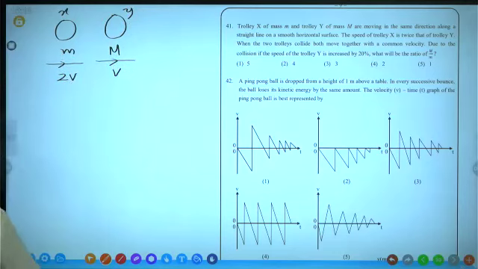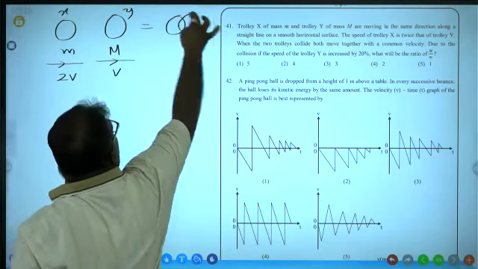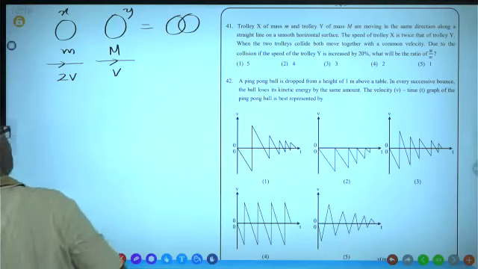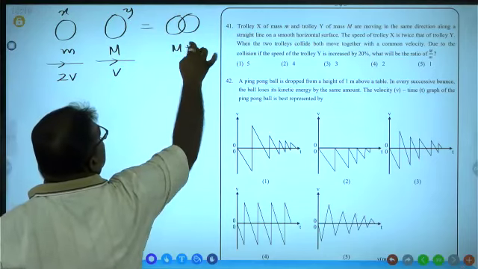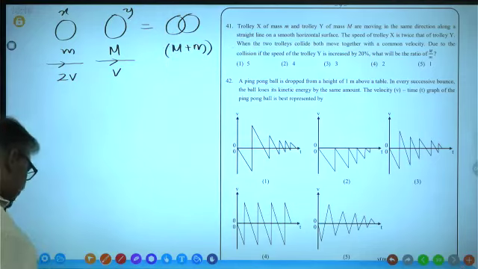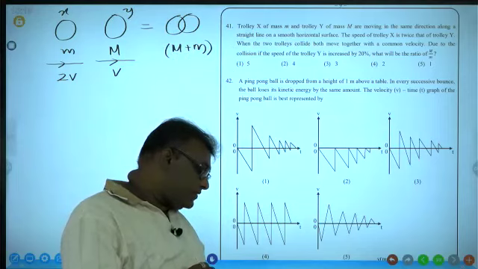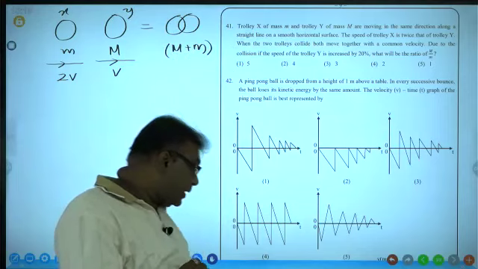When the two trolleys collided, both move together with a common velocity. That means the two combine, with mass M plus m. Then they say the velocity of Y is increased by 20%.